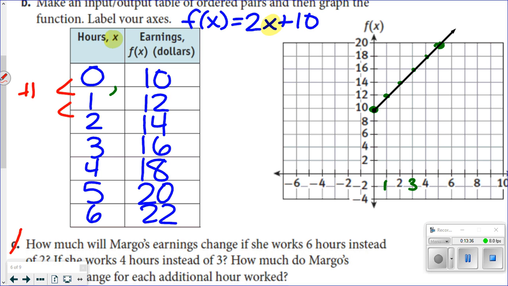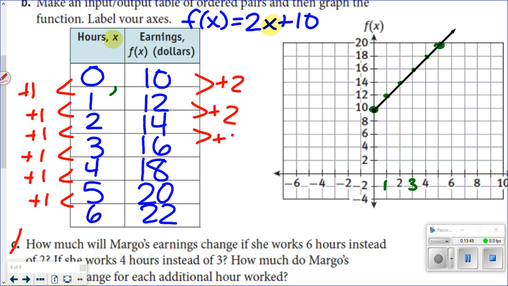Adding 1, adding 1. Yep. Perfect. All right, adding 2, 2, going up by 2. So is that constant?